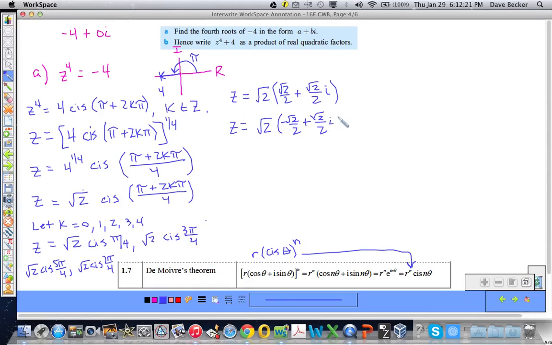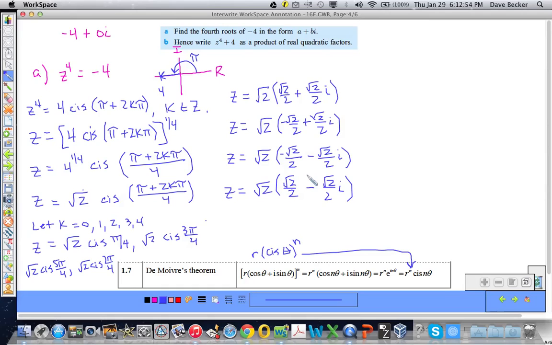If you are not understanding this, then sketch the unit circle, because you should know your unit circle. So negative root 2 over 2, negative root 2 over 2 i for 5 pi over 4, since cosine and sine are both negative. And then for 7 pi over 4, cosine is positive, so that's root 2 over 2, and sine is negative, minus root 2 over 2 i.